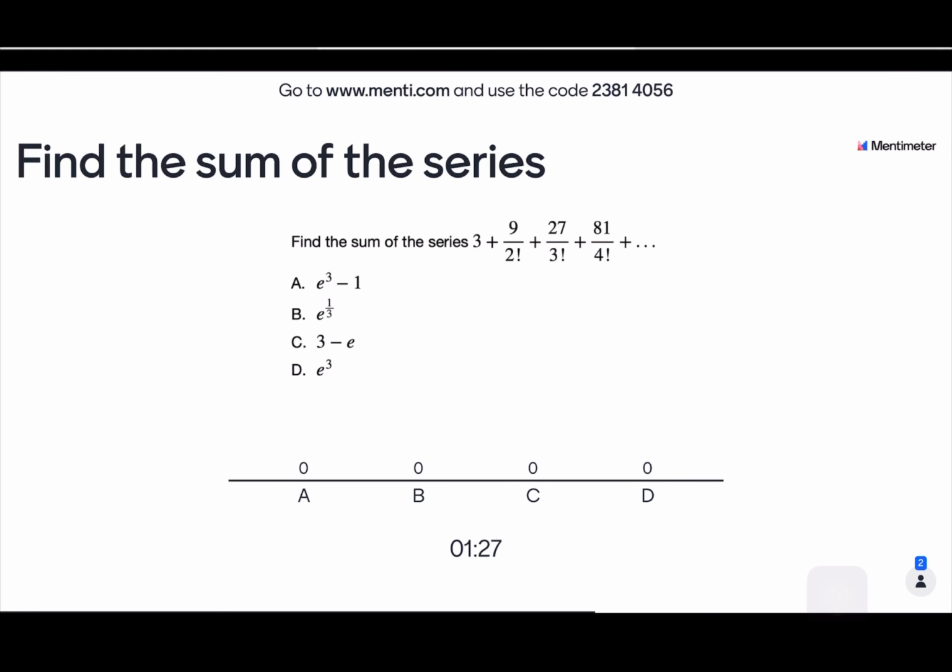If you want, you can check your notes to make it faster. It's pretty obvious because it has factorial, so it should be related to e to the x. Right? But how you can transform e to the x to that series? That's the question.